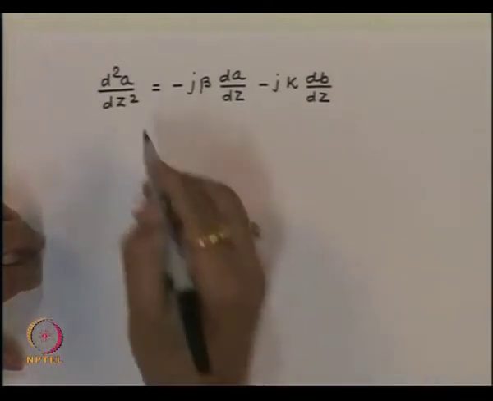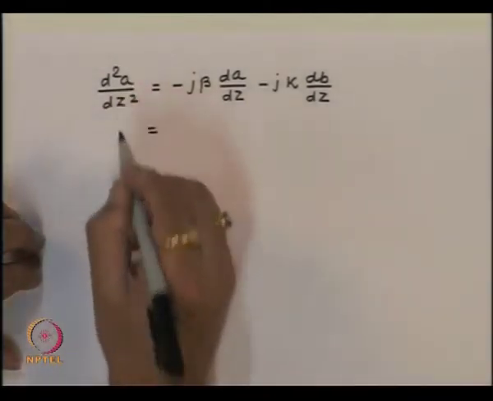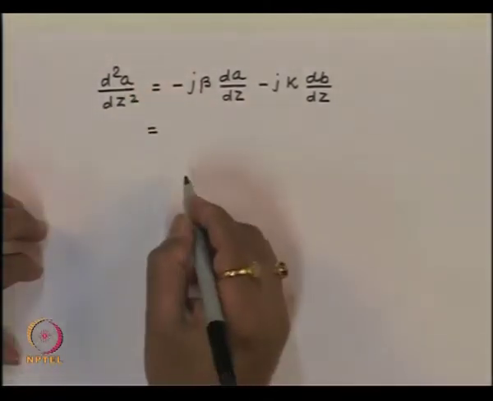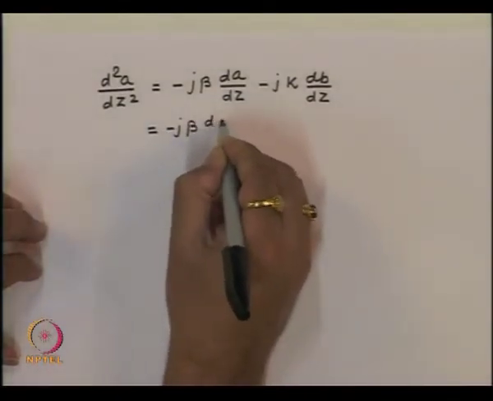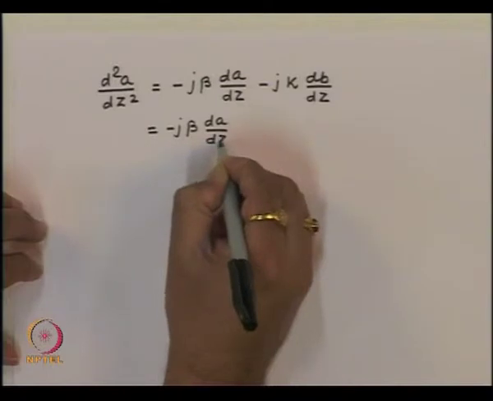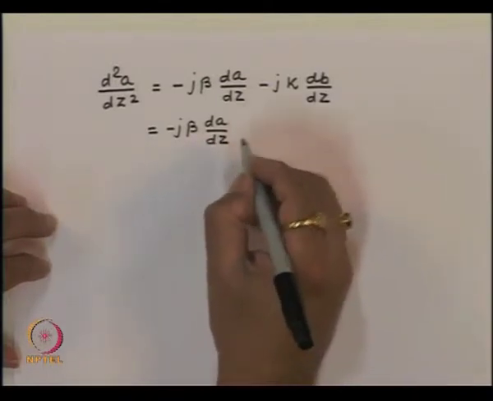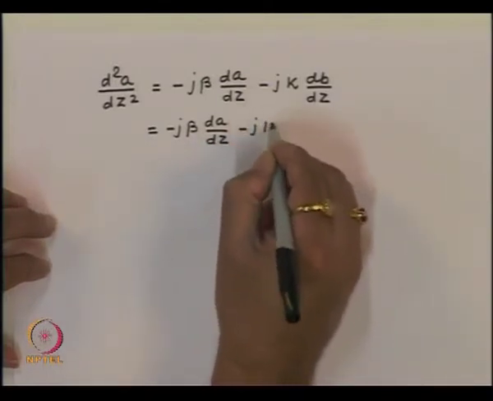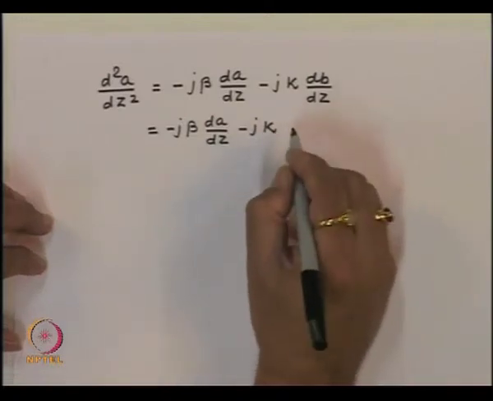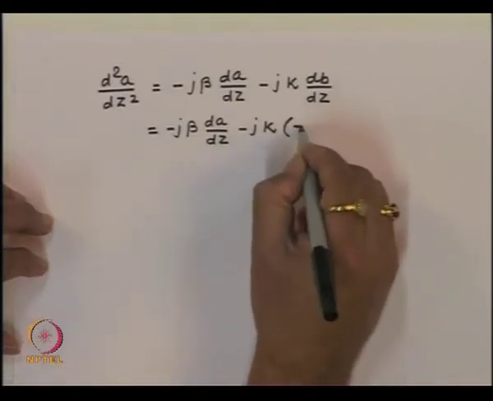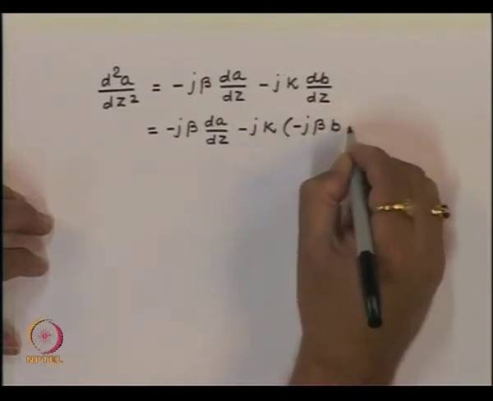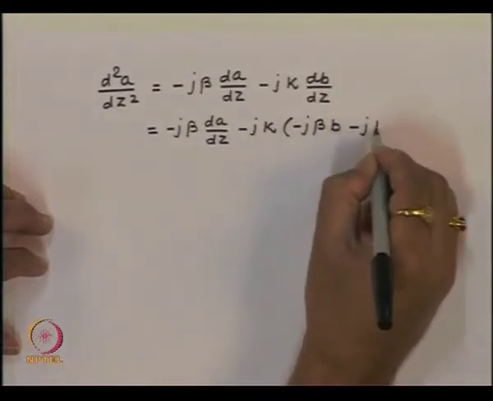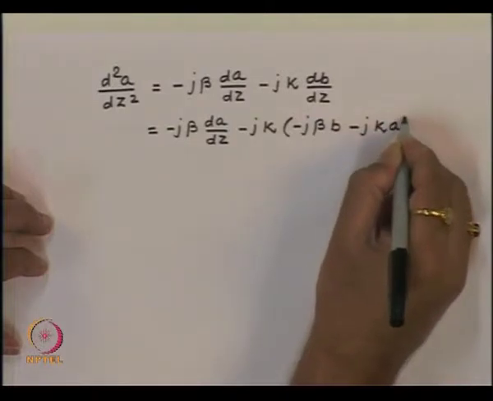So this quantity d2A by dz square will become minus j beta dA by dz minus j k into minus j beta B minus j k A.